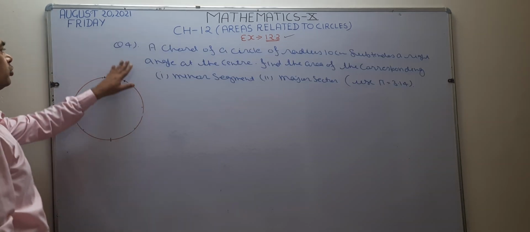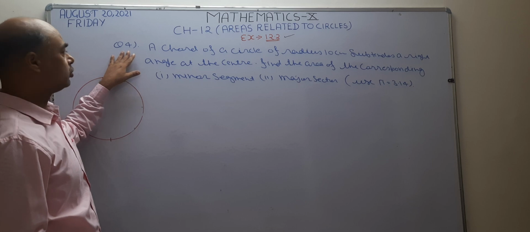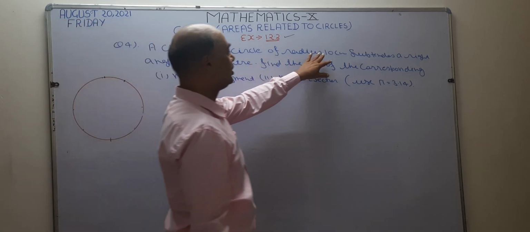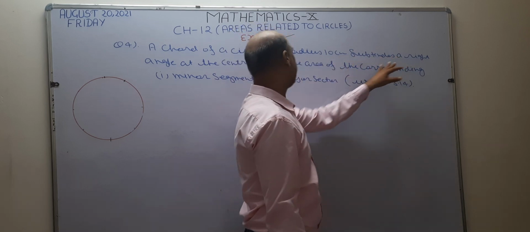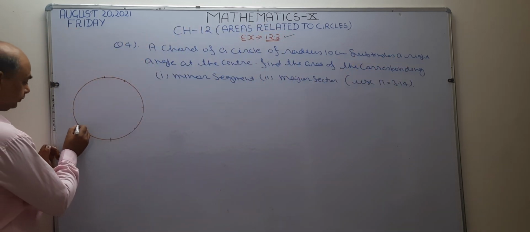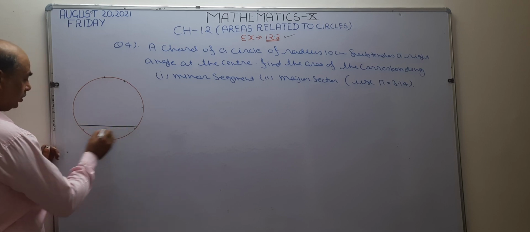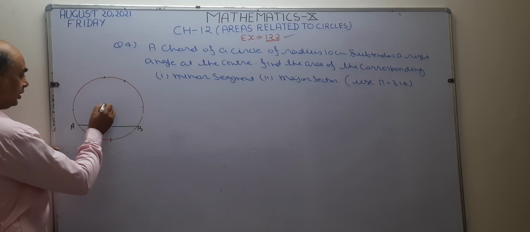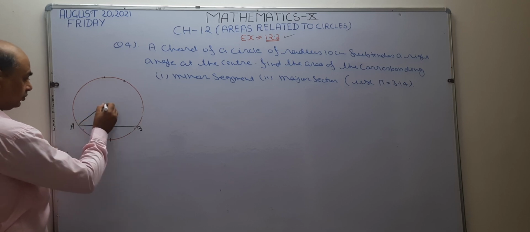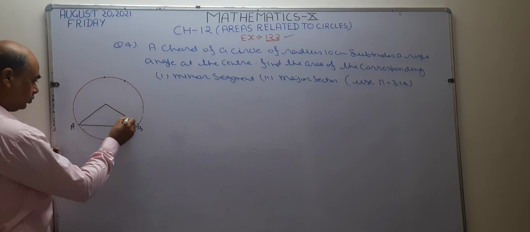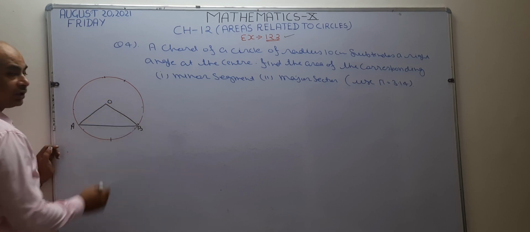Now we are going to solve question number 4. See what is given in this question. A chord of a circle of radius 10 centimeter subtends a right angle at the center. Suppose this is your chord AB. This chord AB makes a right angle at the center, this is your center.